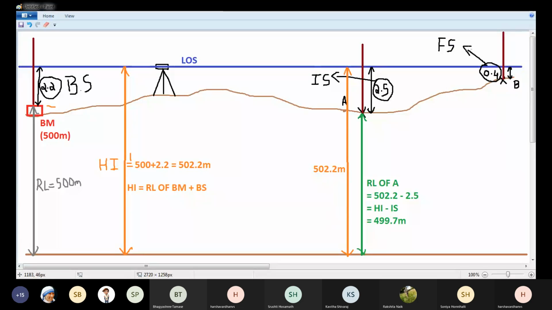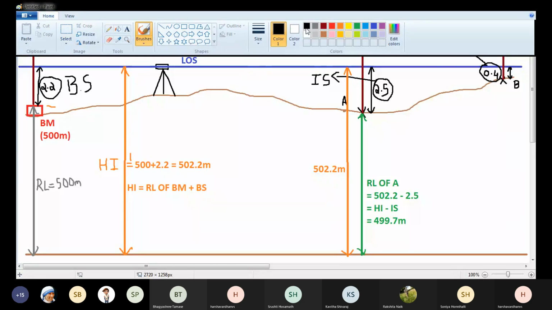They are both readings taken on a point whose elevation is unknown, but foresight is the last reading, and intermediate sight, as the name itself says, is an intermediate reading. It is not the last reading. So foresight is 0.4, and I am taking the foresight on point B to measure its elevation.